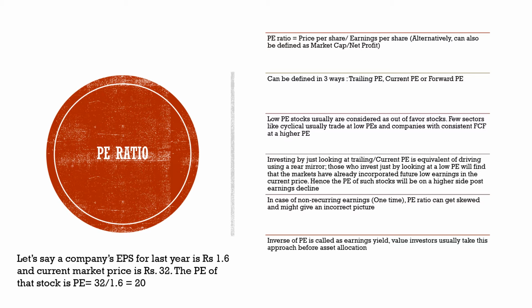Then to an amateur investor, this lower P/E stock will appear to be attractive, which is not the case, because markets have already discounted the decline in earnings in the present, and that is the reason the P/E ratio of that stock is on the lower side, which might seem attractive, but is not. And this is exactly the problem with using only the P/E ratio for investing.